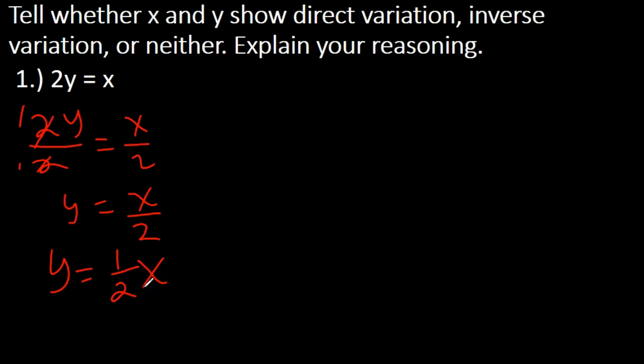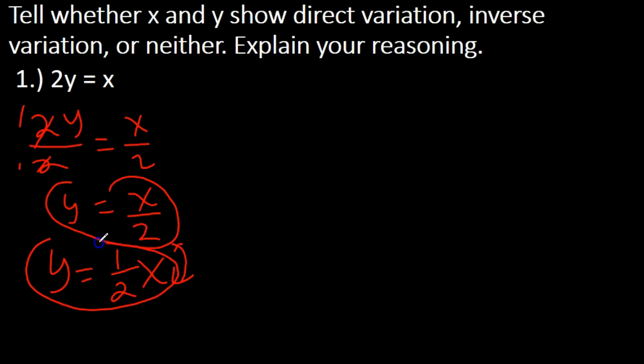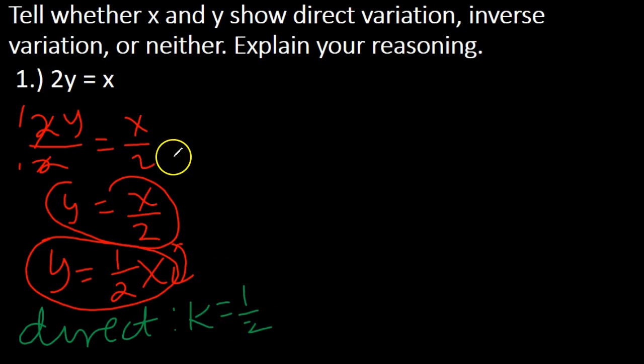These two equations are exactly the same thing. Rewriting it this way helps us see that this is direct variation, and k is 1/2. So sometimes it's helpful to rewrite the equation.